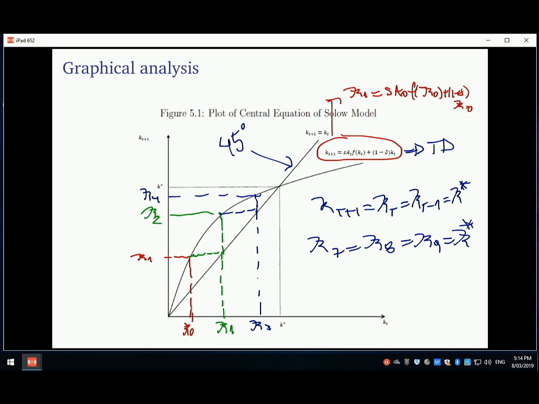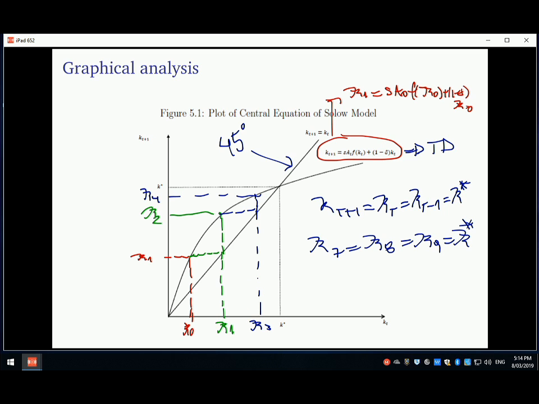Okay? So this is what this simple model with these simple equations implies for the transition and for the long run. One thing you have to notice here is that the diminishing returns of capital imply that the marginal increases in capital, these jumps from the red to the green and to the blue, are every time smaller and smaller.